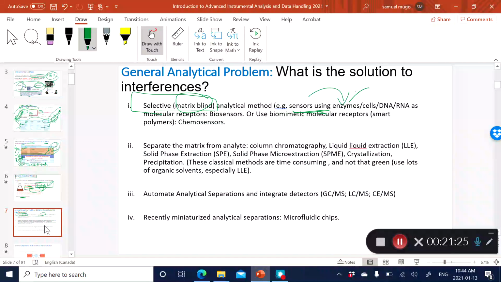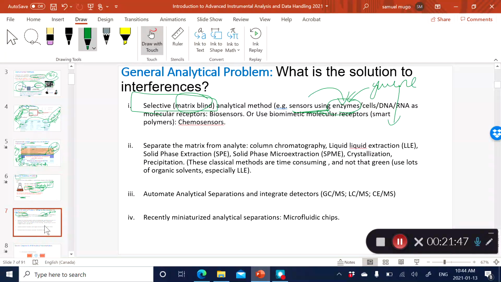And in most cases, the go-to would be biological materials, such as enzymes. We know that they work fairly well in terms of their selectivity. They are very, very selective for certain types of analytes. Say something like glucose.